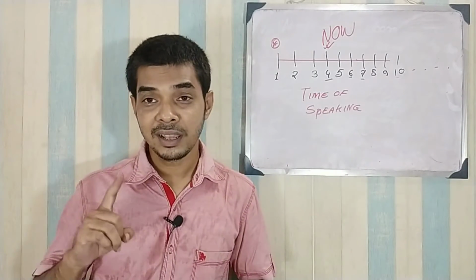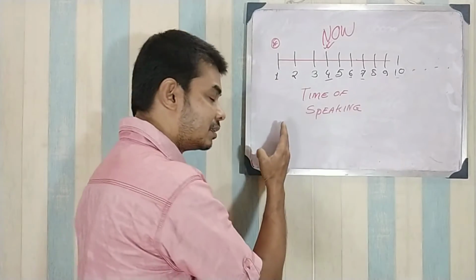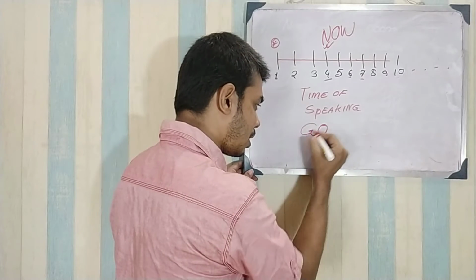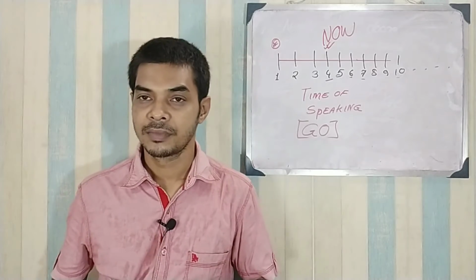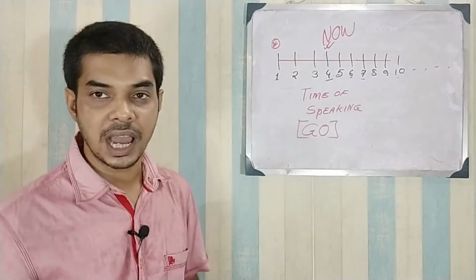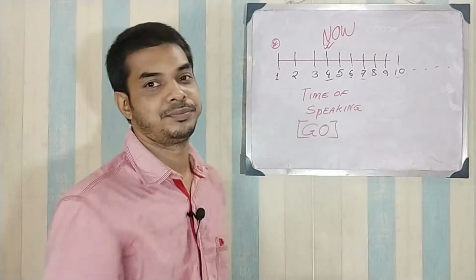So we will obviously compare the action, that is go. I'm not giving it any tense now. We have to compare the time of go, that's the action, with the time of speaking.